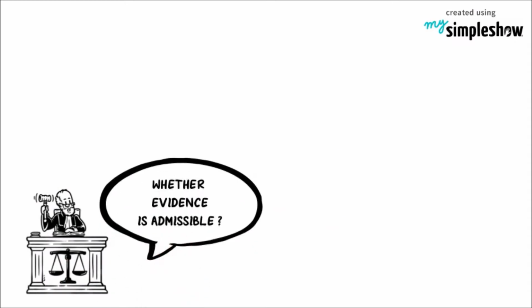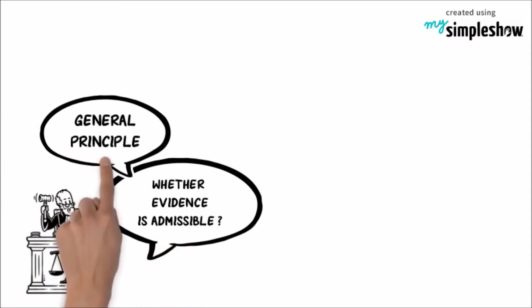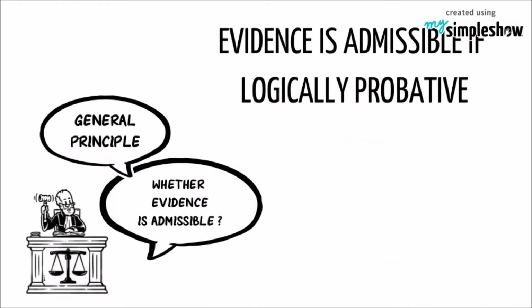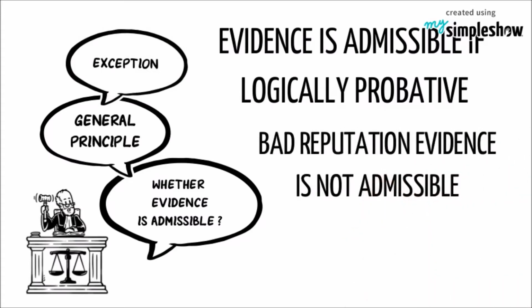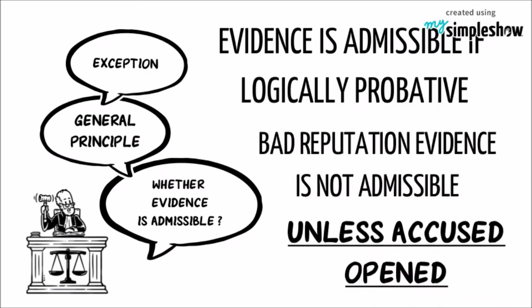The question, therefore, is whether the evidence was admissible. The general principle is that evidence is admissible if it is logically probative, that is, if it is logically relevant to the issue whether the prisoner has committed the act charged. An exception to this rule is that evidence that the accused has a bad reputation or has a bad disposition is not admissible unless he himself opens the door.